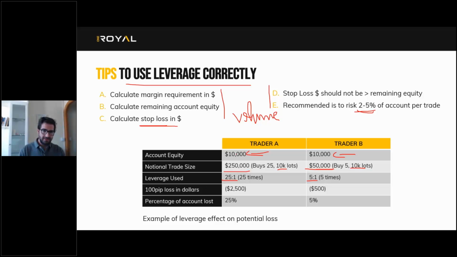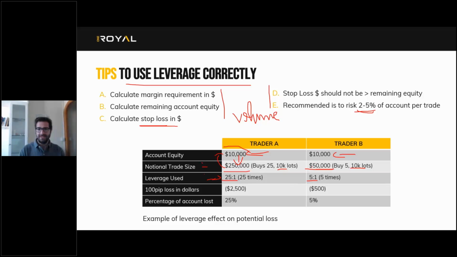So with $10,000, to be able to trade this big amount, you need a leverage of 25 to 1, which is this divided by this. The leverage gives you the opportunity to trade big by using a small account of 10,000. You're trading 250,000 US dollars. So this is our leverage for trader A.